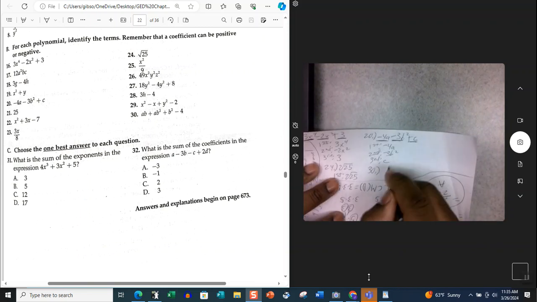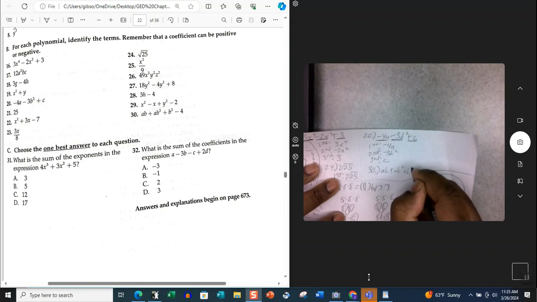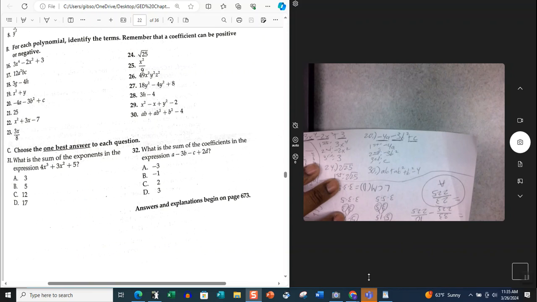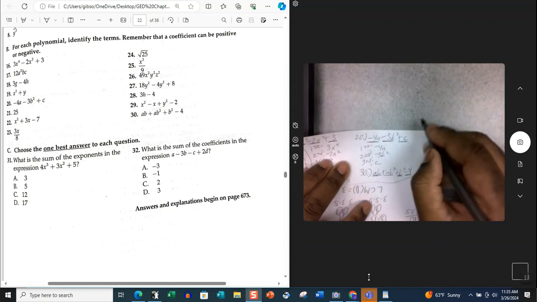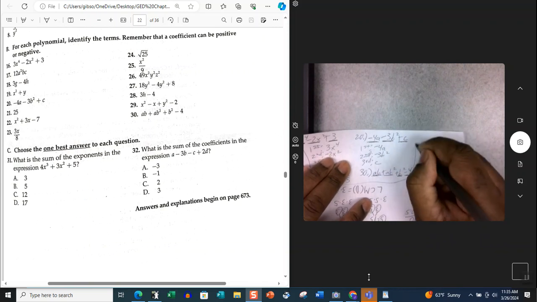Problem 30, we have ab plus ab squared plus b squared minus 4. Now, if you look here, this is the first term, second term, third term, and the final term, the fourth term, would be negative 4. So, let me just write this here.